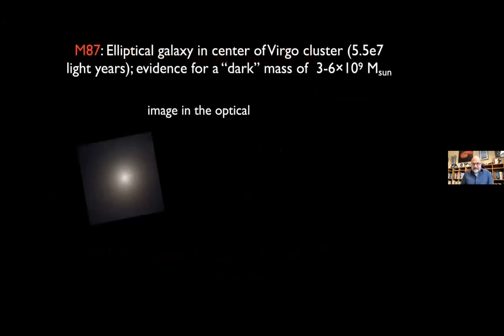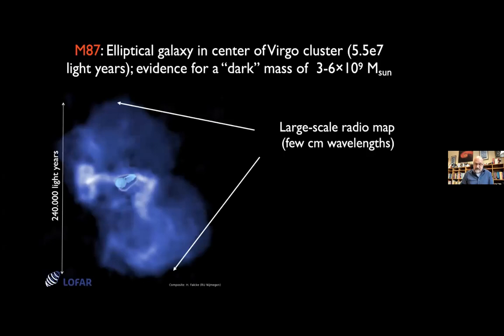It's an elliptical galaxy. It's in the central Virgo cluster, about 55 million light years away. And if you look at it in the optical, it looks like this beautiful filament coming out. At the beginning, people thought this was a comet. We know that that's actually a relativistic jet. If you look at the same image with the same scale, but now in the radio, you see it's much bigger.